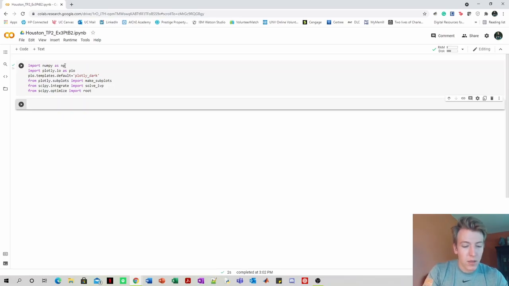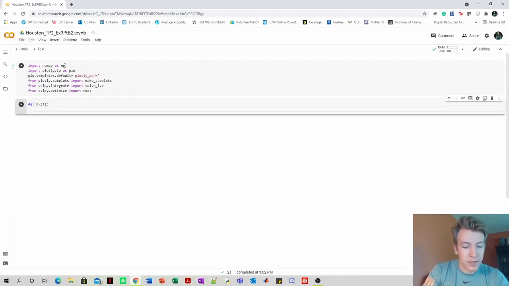Next, what we want to do is define a function that we may want to calculate, which in this case is the vapor pressure of the H2O. So we're going to define, we can call this PV for vapor pressure, or VP, whatever, it doesn't really matter. Temperature is the function's input, and as it's indented, we want to return the formula that we want to use.